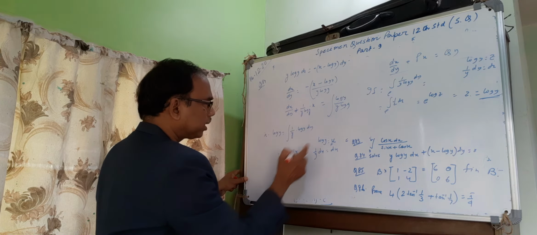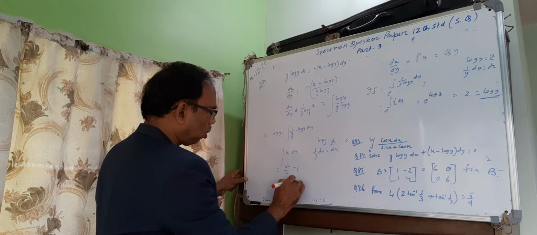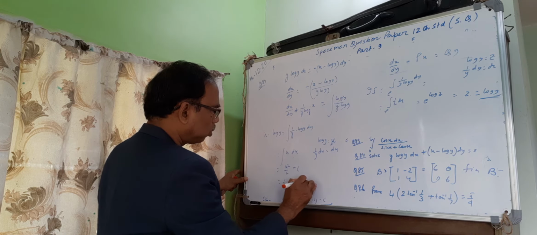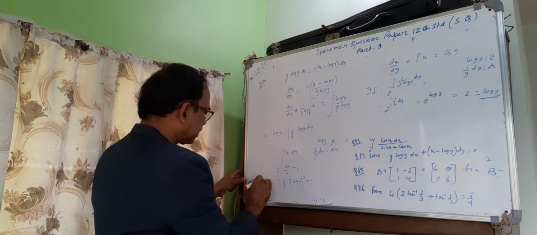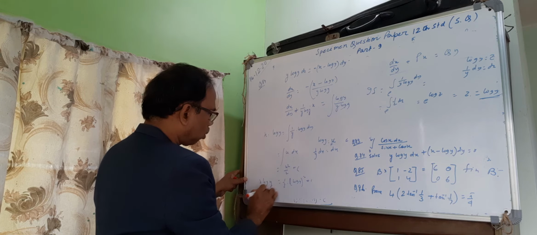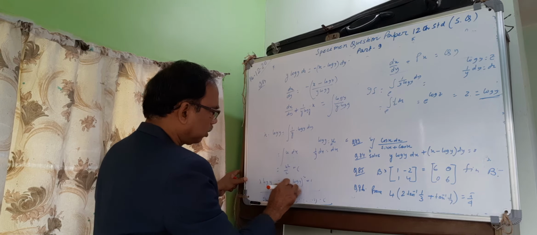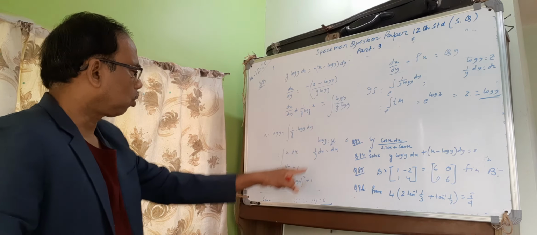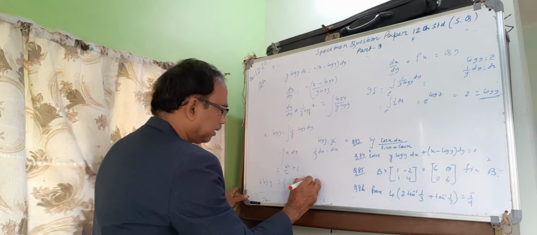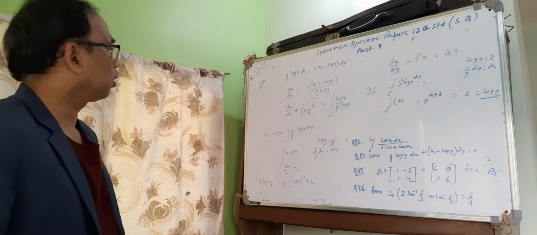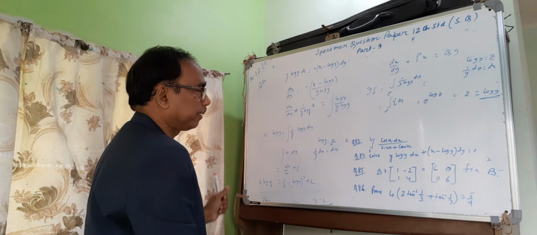What is u square? That is log y whole square. Then x log y equals half of log y whole square plus c. That is the answer of the given differential equation.